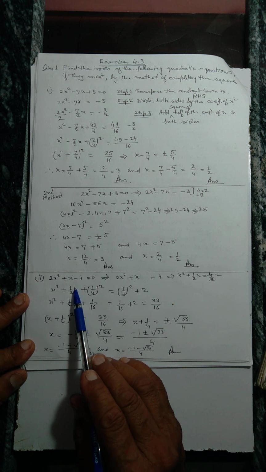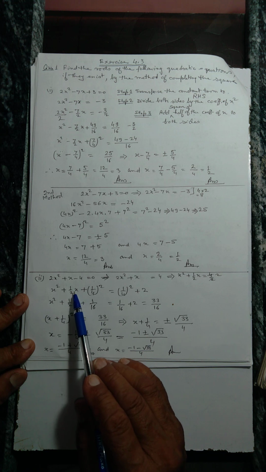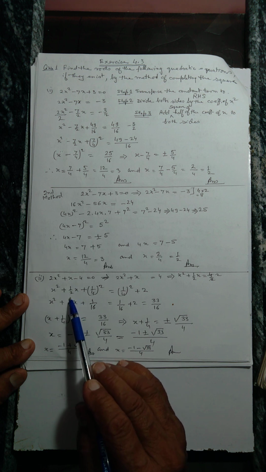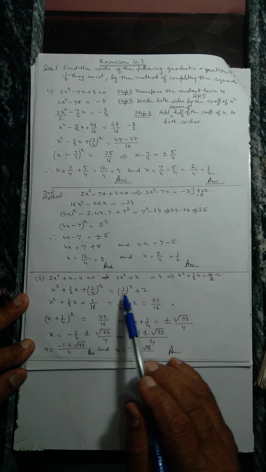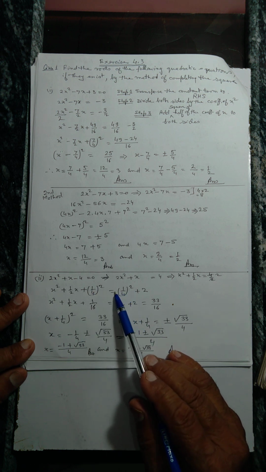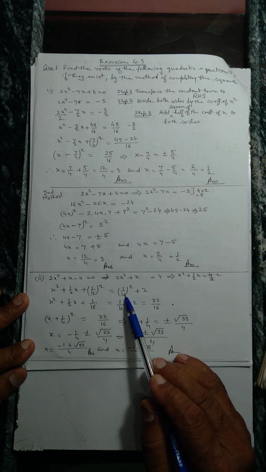So what will be half of the coefficient of x? It will be 1 by 4. Now we have to add the square of half of the coefficient of x on both sides. So I have added (1 by 4) square to the left hand side as well as to the right hand side.